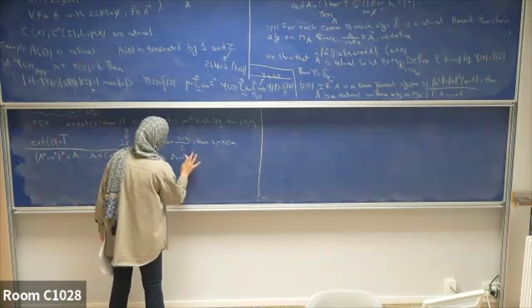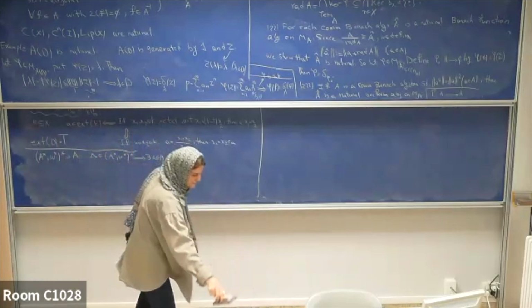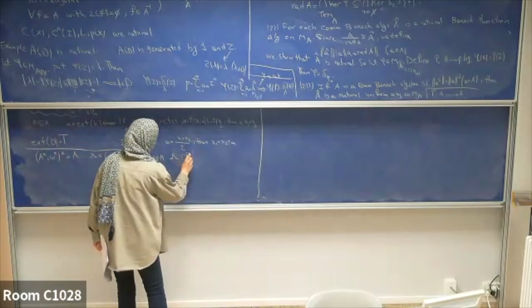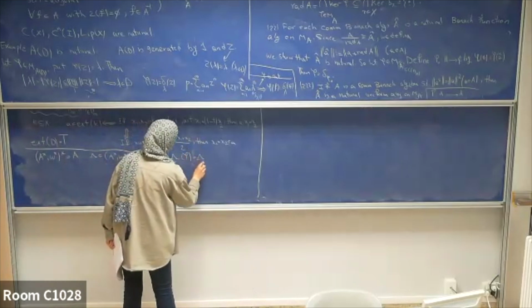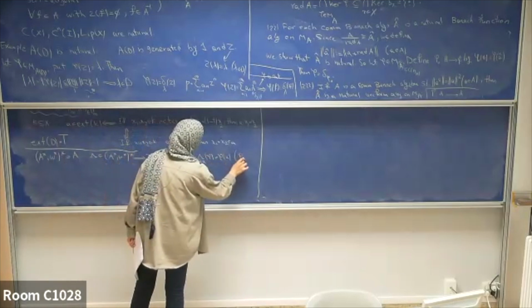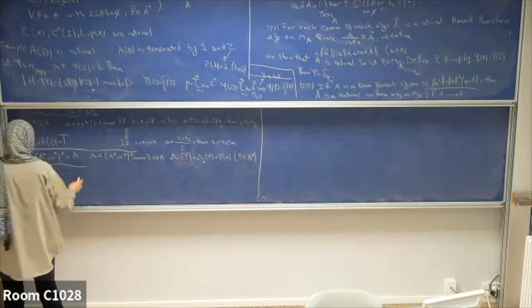And let's write all of them here. Lambda of phi is lambda a of phi, which means phi of a, for each phi in A star. This is another thing we needed.